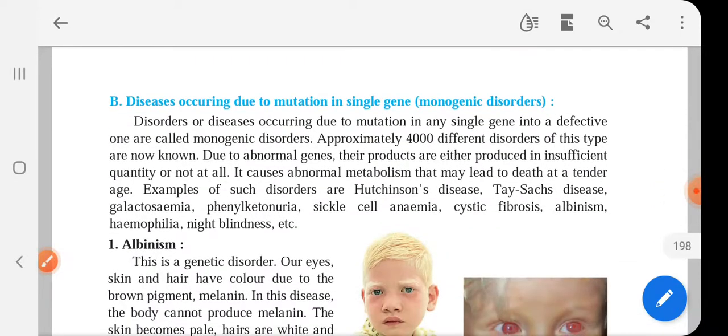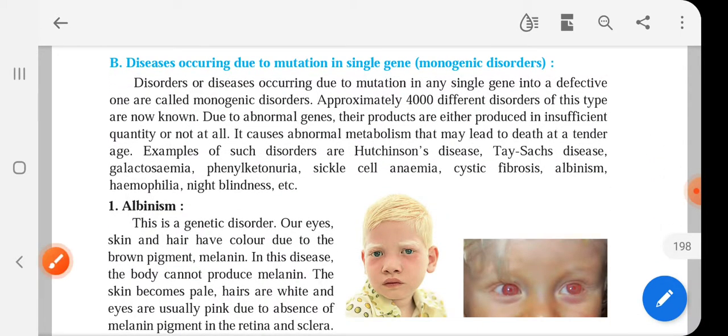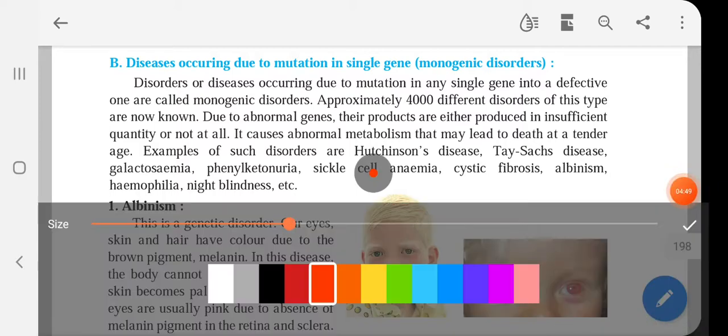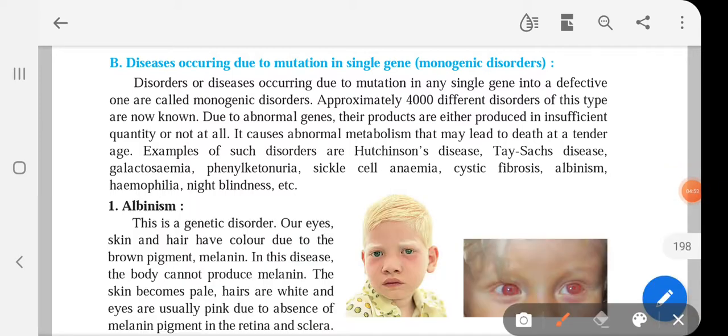Now there are diseases occurring due to mutation in a single gene, also called monogenic disorders. Disorders or diseases occurring due to mutation in any single gene into a defective one are called monogenic disorders. Approximately 4,000 different disorders of this type are now known.